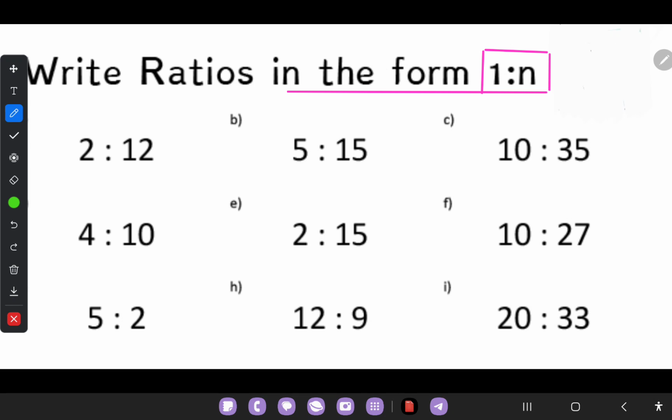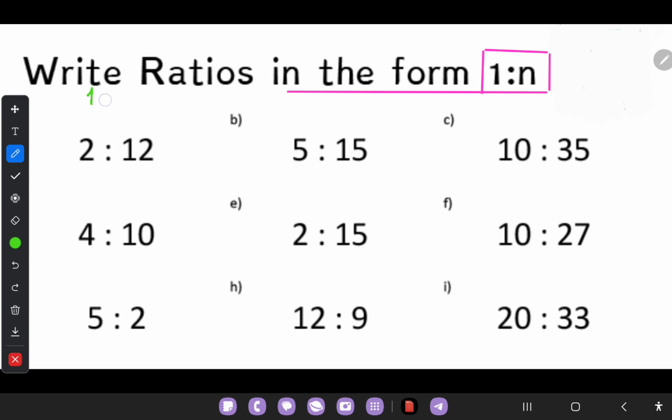So if we look at the first one, letter A, 2 to 12. I want to make this ratio in the form 1 to n. That means that I want to make the first term here, which is 2, equal to 1. How can we make 2 reach number 1? We will decrease 2.